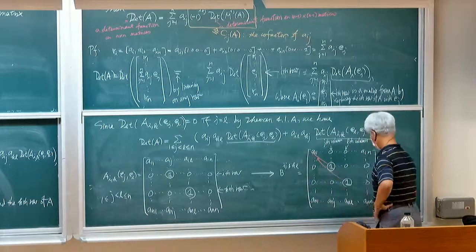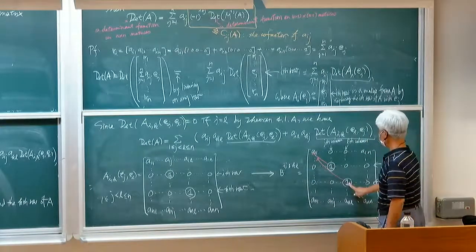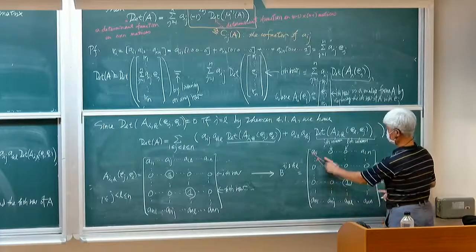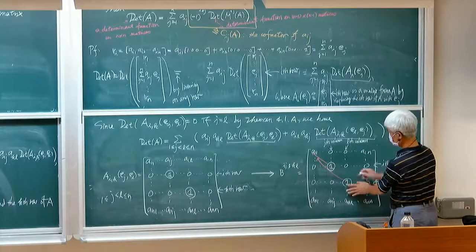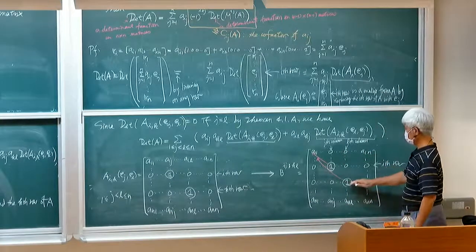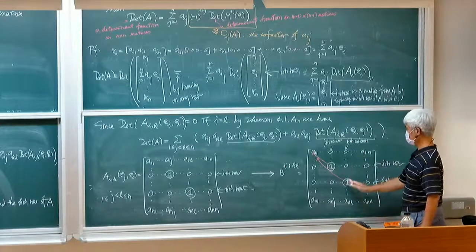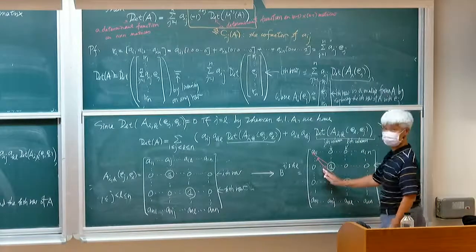Okay? And similarly, for this one to go to here, because I just want to move to the second row, I need k minus 2 row exchanges and l minus 2 column exchanges.